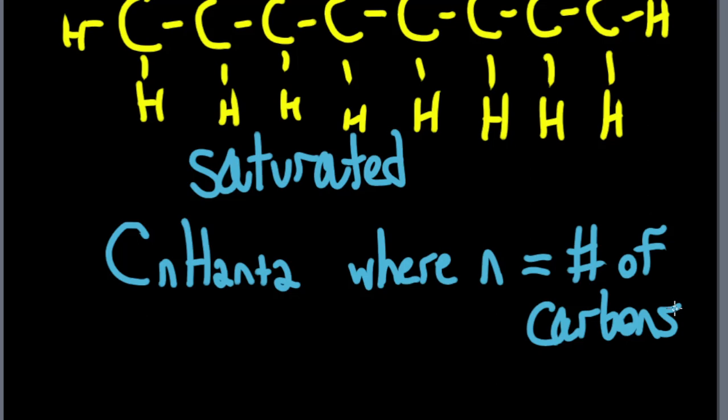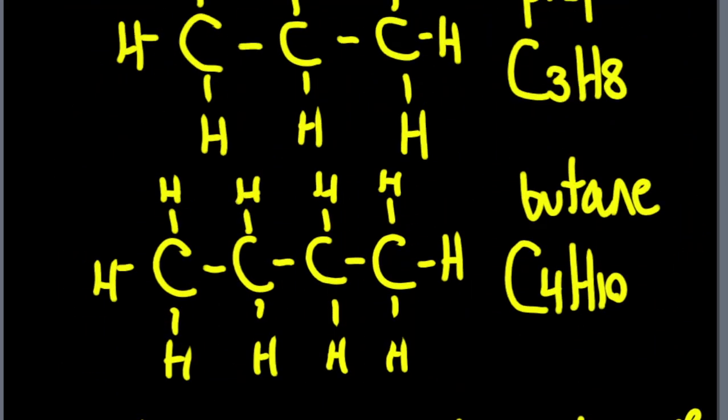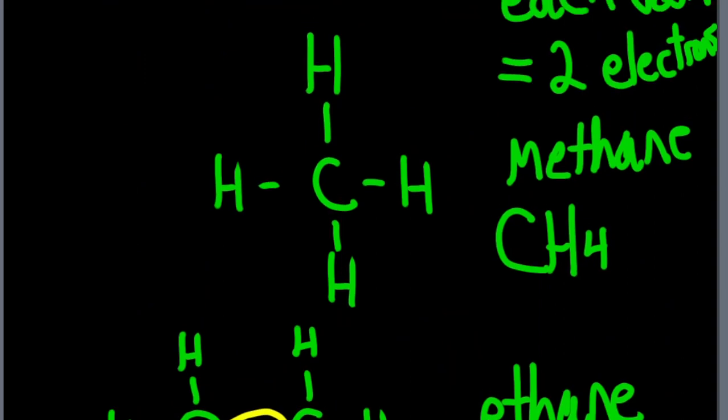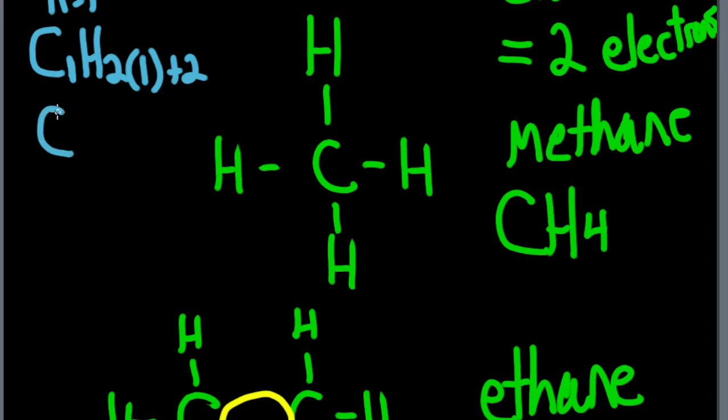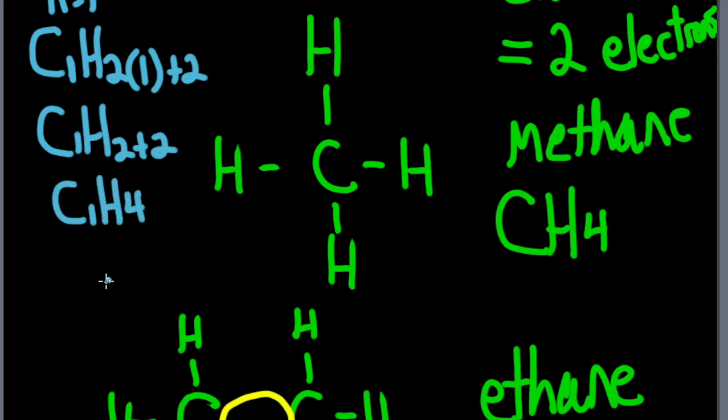So if I take a look back at methane, I have CH4. So n equals 1, so C1, H2 times 1 plus 2, C1H4, which I could just simply write as CH4.